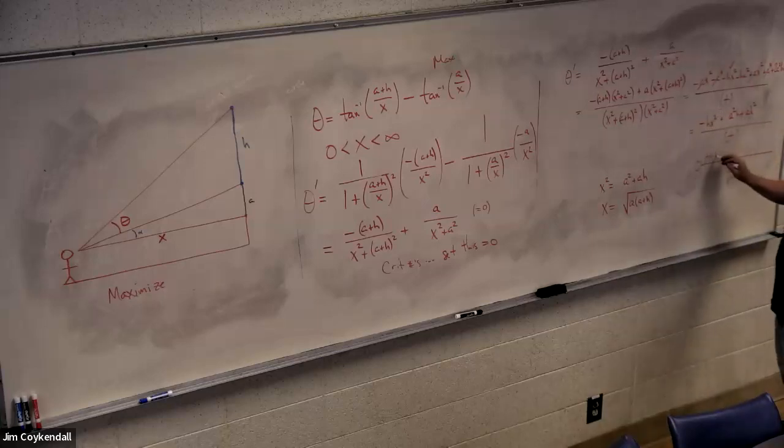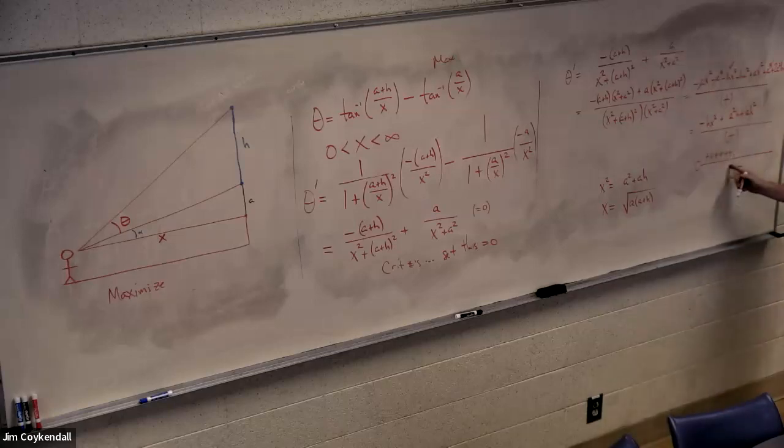So when you're close to 0, it's positive. What happens when x is huge? Well, these are positive, but since h is positive, if x is going to infinity, this is basically going to be negative all the time. And so way down here, it's negative. So this gives a local max, and so it actually is an absolute max.